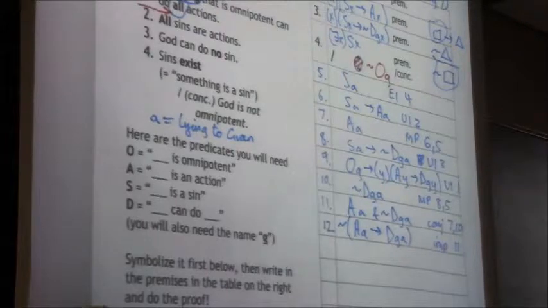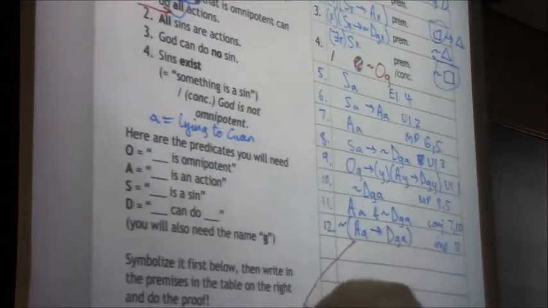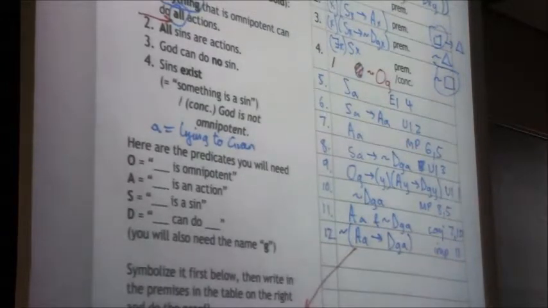We're pretty close to getting this. In fact, how close? Here's a question for you. Can we just go straight from this to this by universal generalization? Answer yes or no? No. For 2 reasons. First reason, what is the only name you're allowed to do universal generalization to?